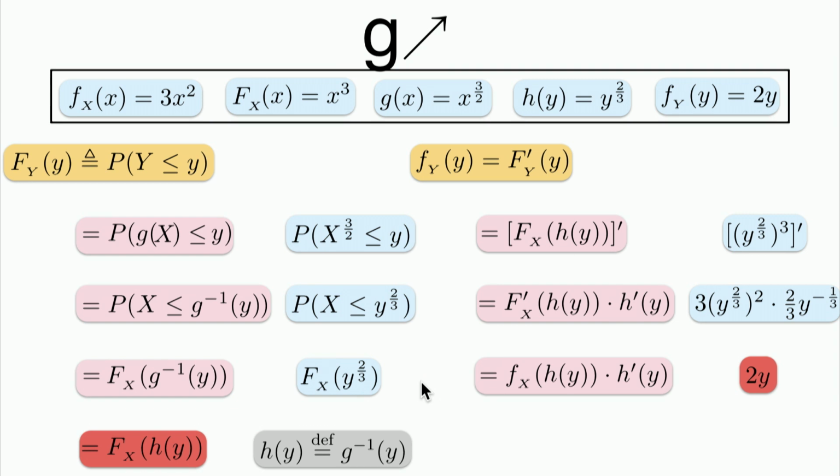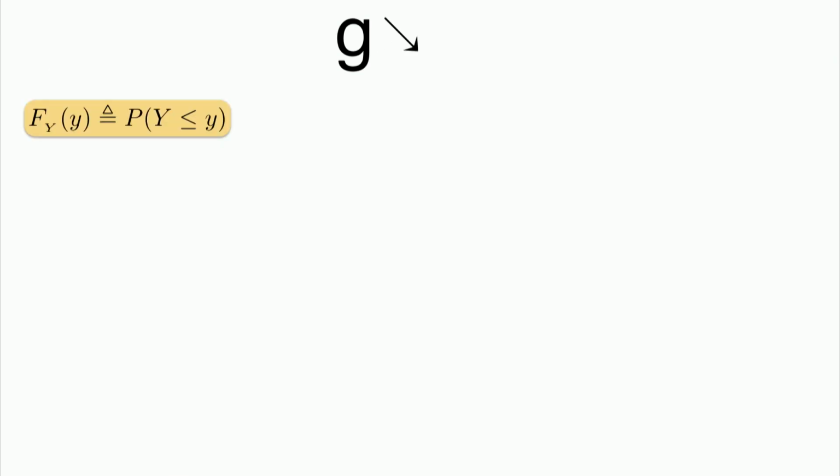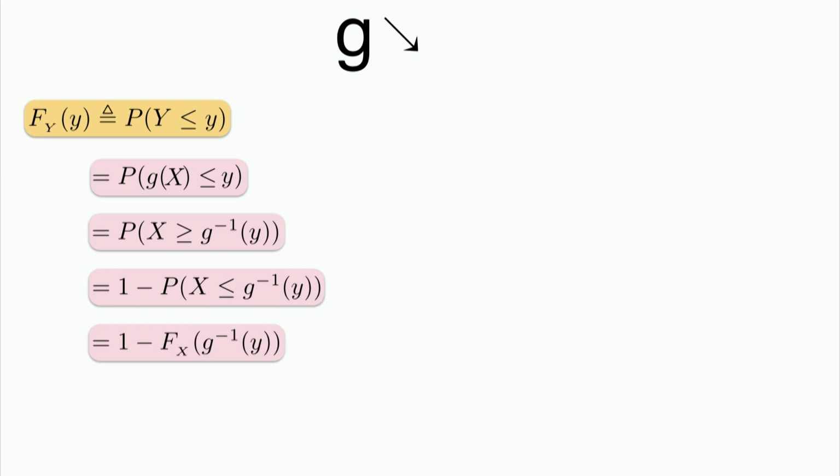Any function g, I'm sorry. The same would hold for g that is decreasing. I'm going to skip it, but you can look at it here if you want. Combining these two methods, if g is increasing, then the PDF of y is f_X at h of y, which is g inverse of y, times the derivative of h of y.